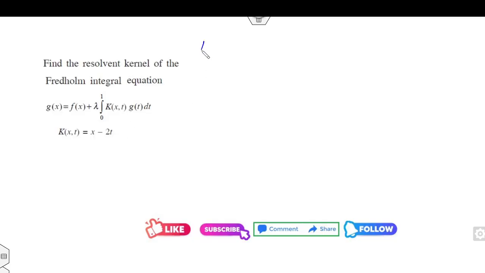Okay, next. A is my 2 × 2, so the first term is x, and with it the t component is 1, x will be 1 and t will be minus of 2t.